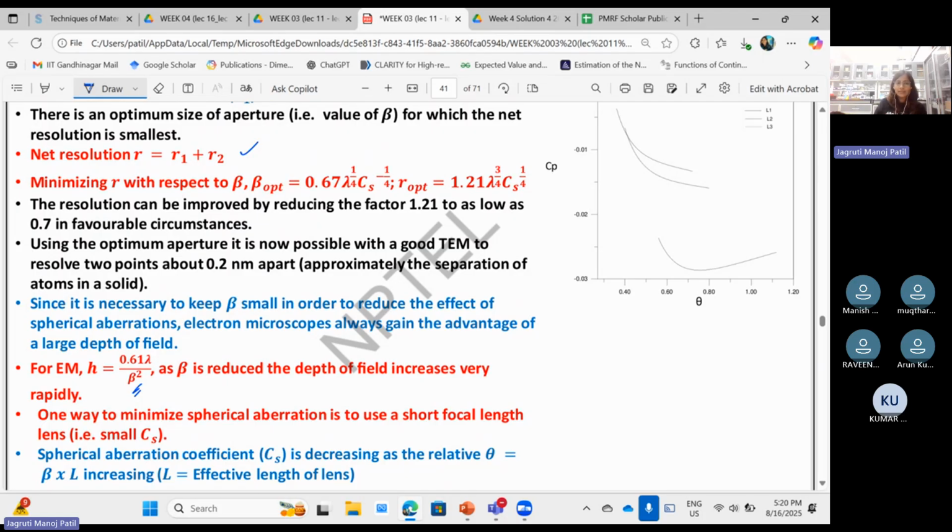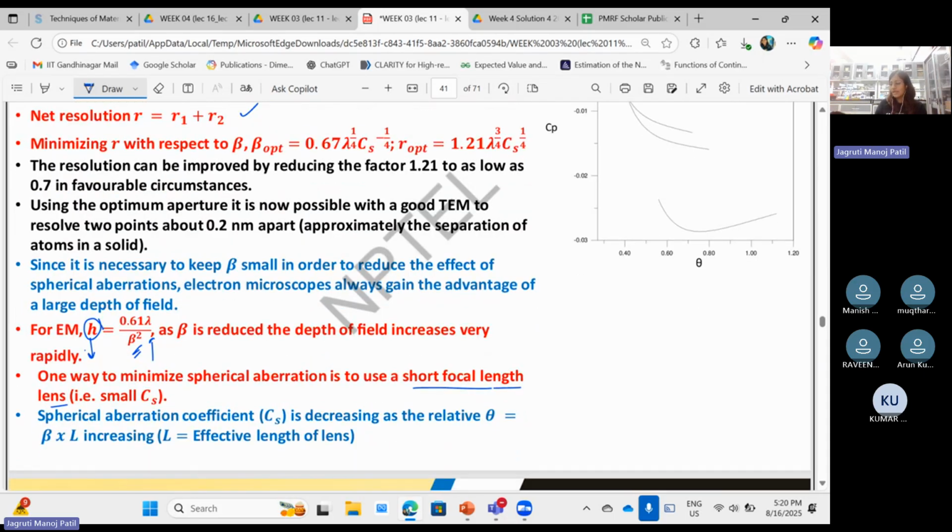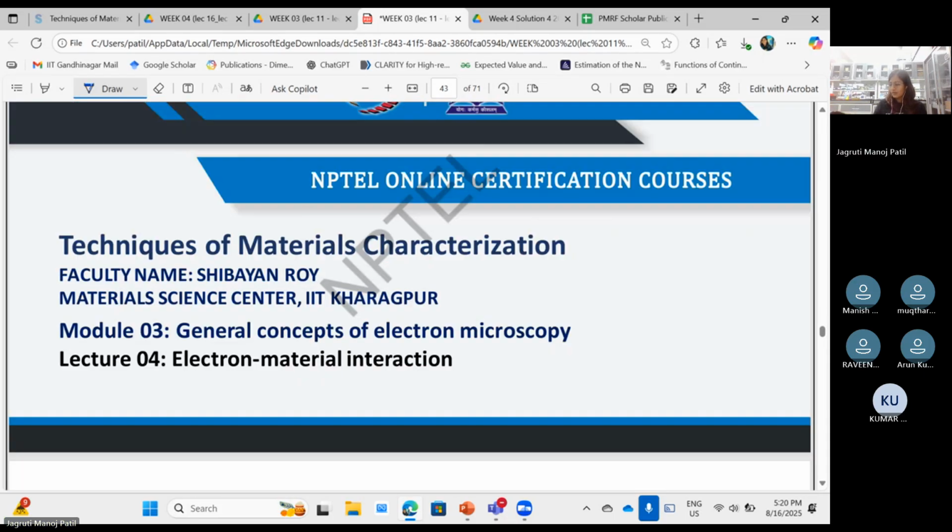So that will increase rapidly if your H value, that is our aberration or our depth of field, also increases. So one direct way is to use a shorter focal length lens, which tells us to use a thinner lens, so it will have a shorter axial focus to travel through.